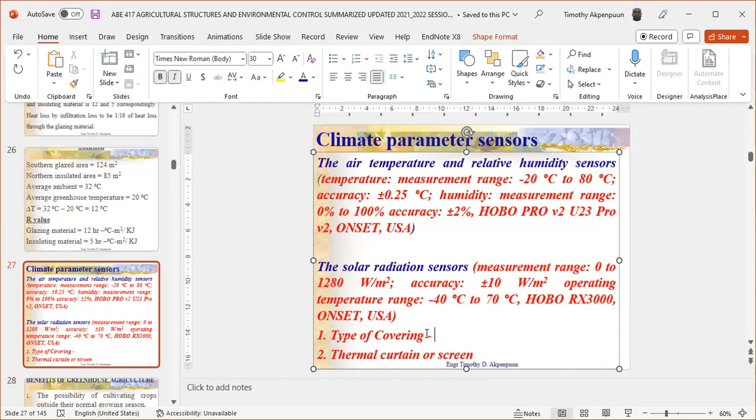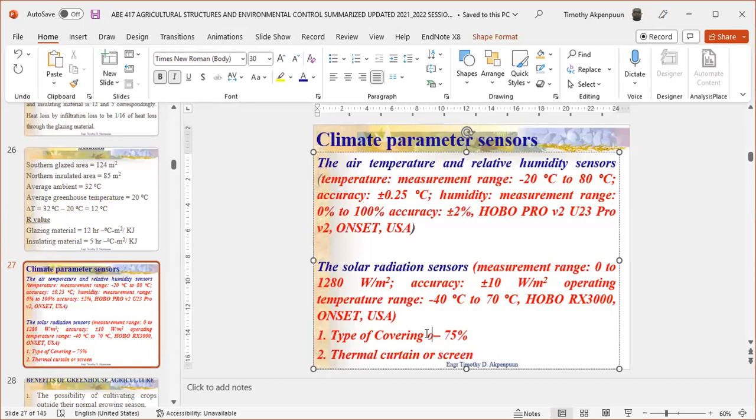Most of the covering materials, the least you can have is a covering material that will allow 75% solar radiation to pass through it. All the solar radiation incident on the surface of the covering material, only 75% will be allowed to go into the greenhouse, while 25% will be reflected back into the sky, right?